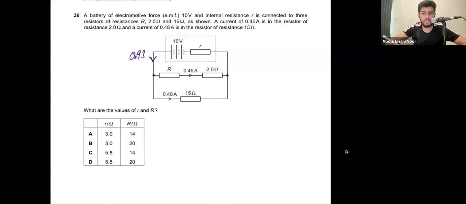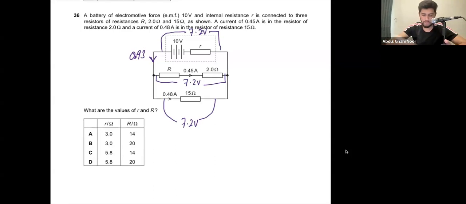I know voltage is constant in parallel. So 0.48 multiplied by 15, and that gives you 7.2 volts, which means these two combined should also get 7.2 volts. See? And this here should also be 7.2 volts.